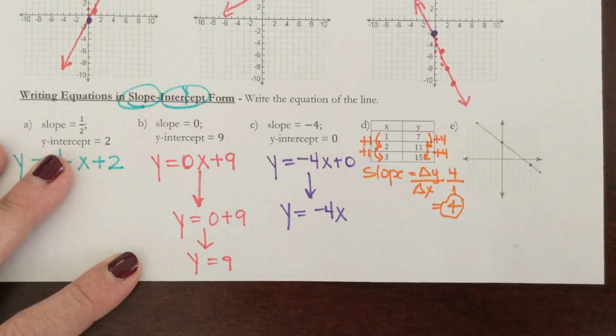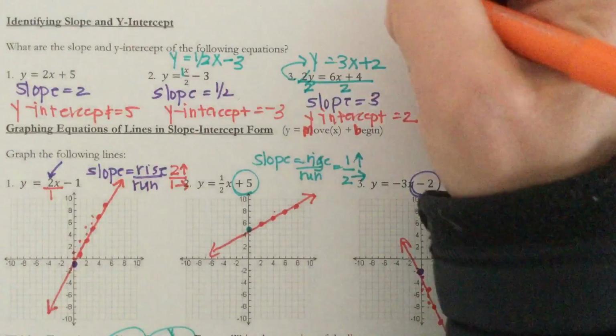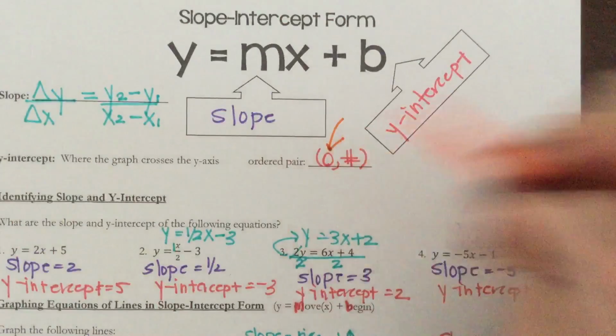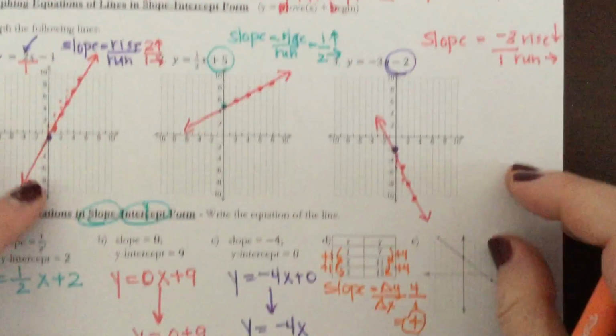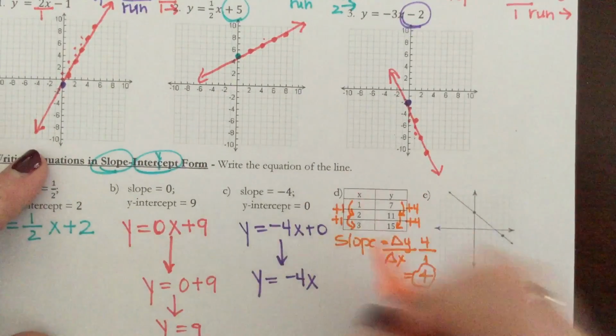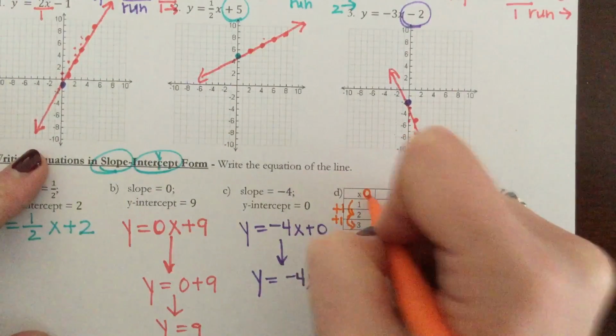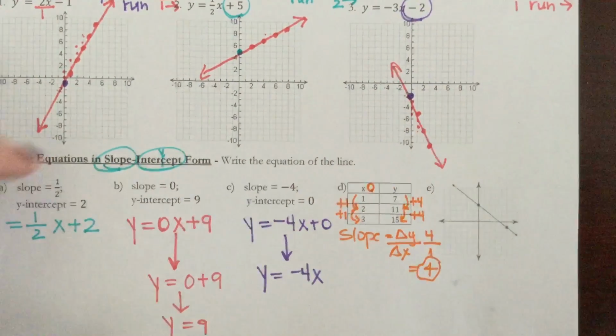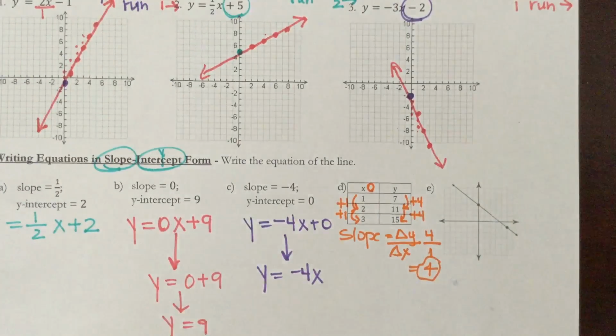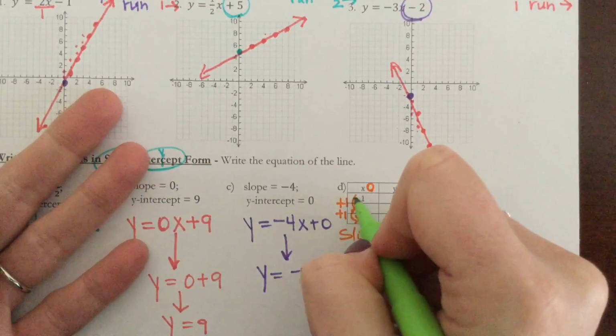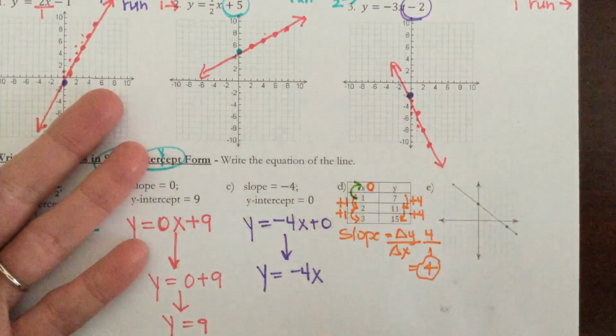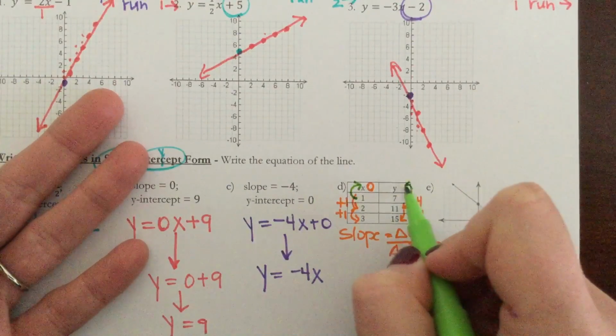The video also mentioned that the y-intercept occurs when the x value is 0. I don't have an x value of 0 in my table. So I'm going to put an x value of 0. And just like we did in Unit 1 where we wanted to back up, I can back up from 1 to 0. I can back up my y's as well.